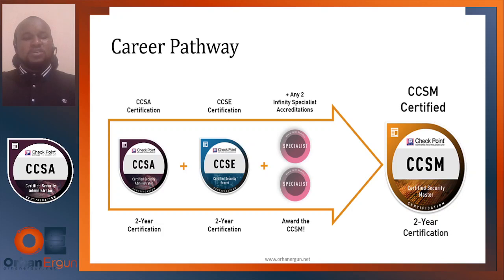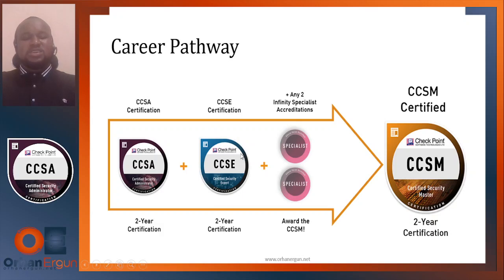So when you've gotten your CCSA certification, you're expected to go for your CCSE. Now, your CCSA certification is actually a 2 year certification, so the validity period is 2 years. And then after your CCSA, you would have to enroll for your CCSE.